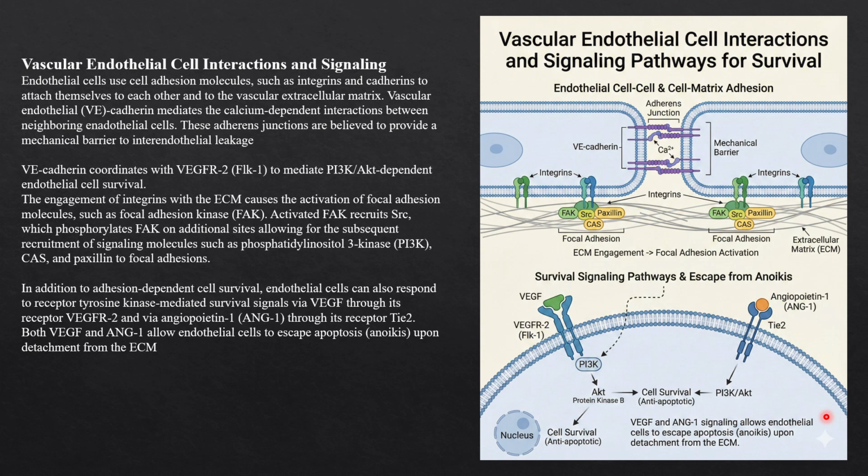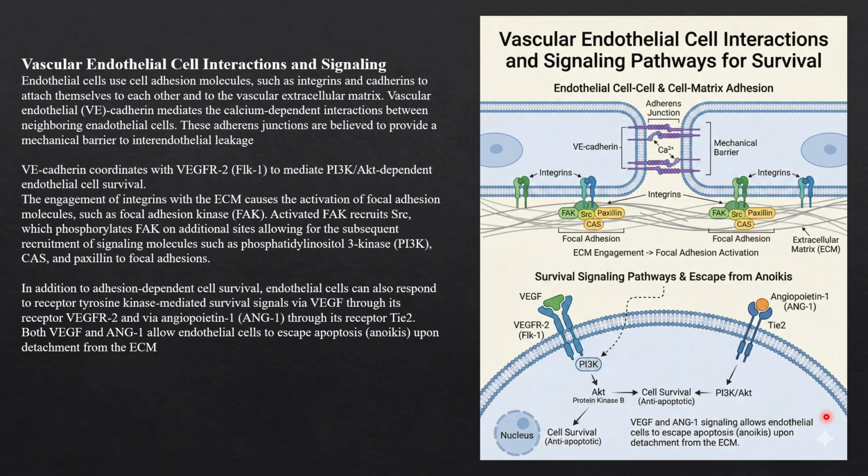The vascular endothelial cell interaction and survival signaling slide explains how the endothelial cells maintain their structural integrity and survival through both cell-cell and cell-matrix interactions. The VE-cadherin mediated adherens junctions form tight connections between the endothelial cells, creating a mechanical barrier that regulates vascular permeability.